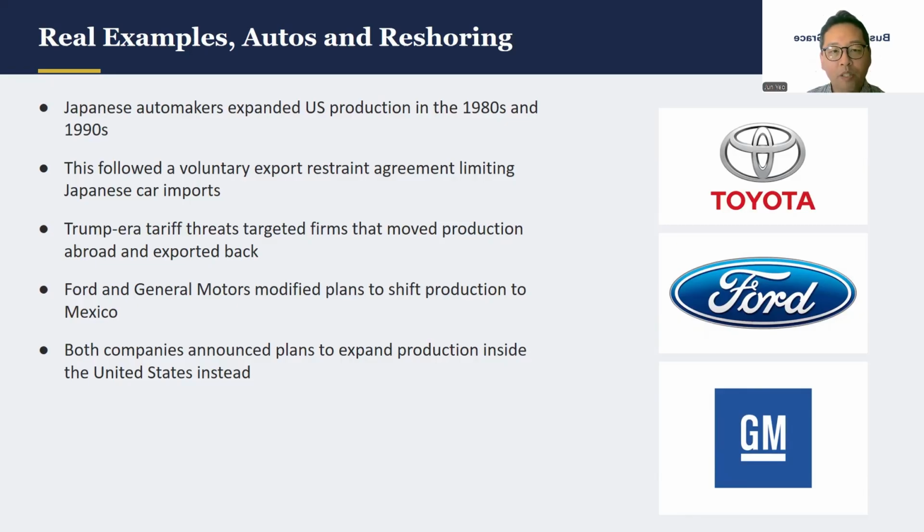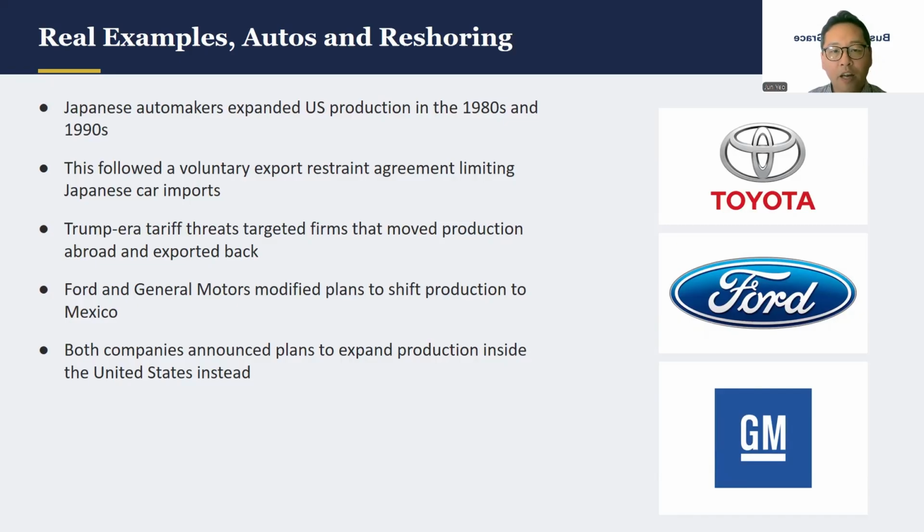Both examples show the same basic lesson. Trade policy does not just affect prices on the spreadsheet. It actively reshapes where global companies choose to build their factories. Notice that these two examples happened roughly 30 years apart, involving completely different countries and completely different presidents.